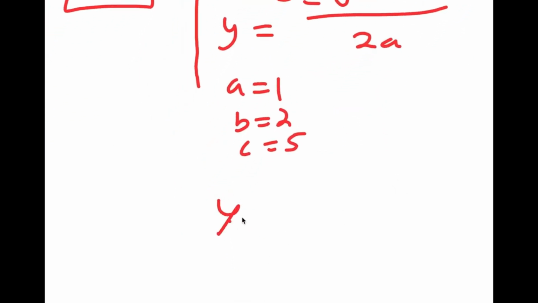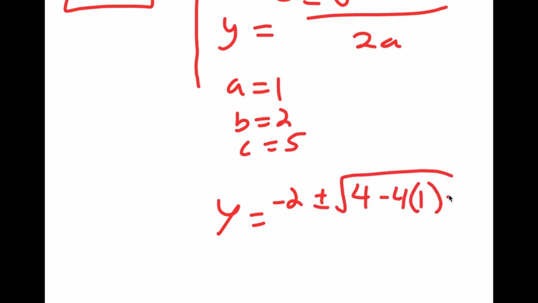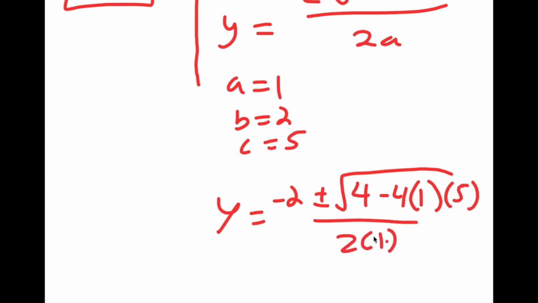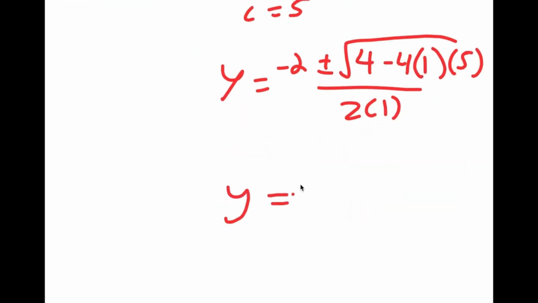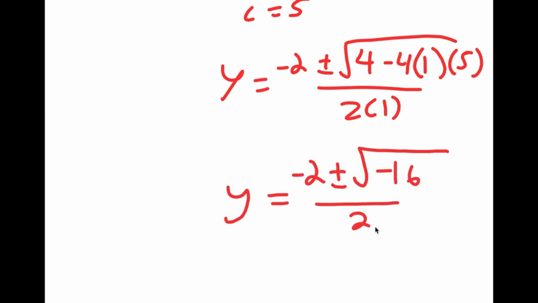So I get y is equal to negative 2 plus or minus the square root of b squared, so 2 squared, which is 4, minus 4 times a, which is 1, times c, which is 5, all over 2a. So 2 times 1. And this is equal to negative 2 plus or minus the square root of 4 minus 20, which is negative 16, over 2.